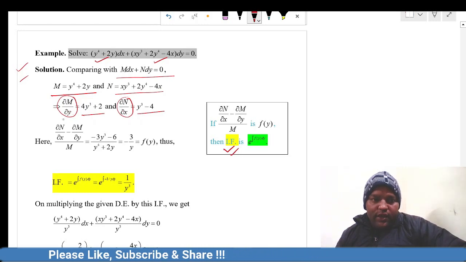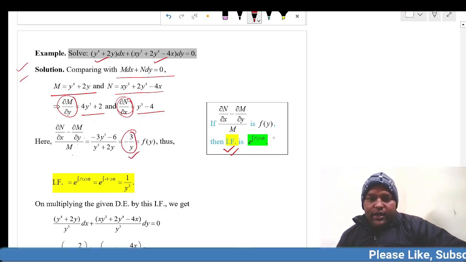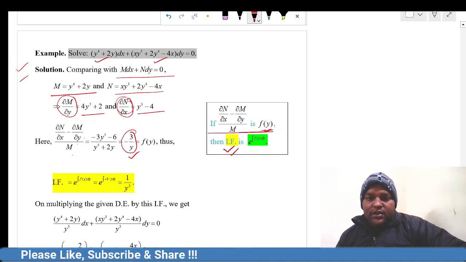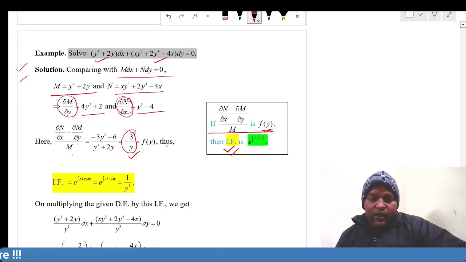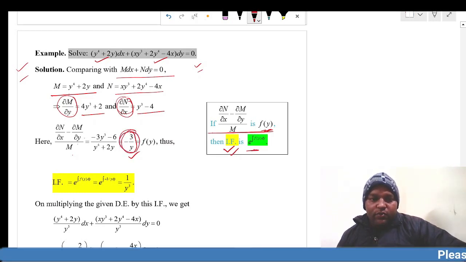If we take the difference of these two partial derivatives, del n over del x minus del m over del y, and divide it by the m function, we obtain a function of minus 3 over y, that is purely a function of y. If this situation is satisfied, then we can write the integrating factor for the given differential equation, and the integrating factor in this case is simply e raised to the power integration of this function.